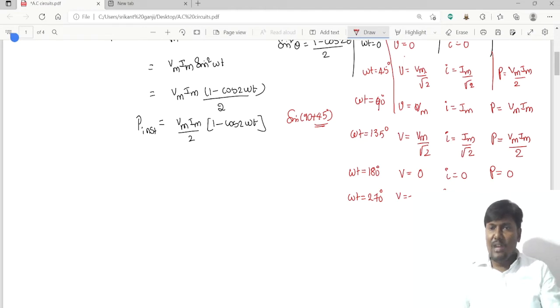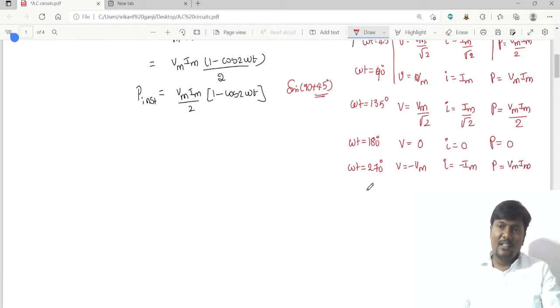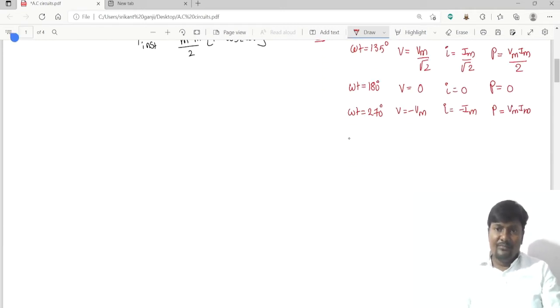Just substitute the values in the equations, and the instantaneous power is V max into I max, because minus V max into minus I max is a positive value. At omega t equal to 360 degrees, V is 0, I is 0, and the instantaneous power is also 0.